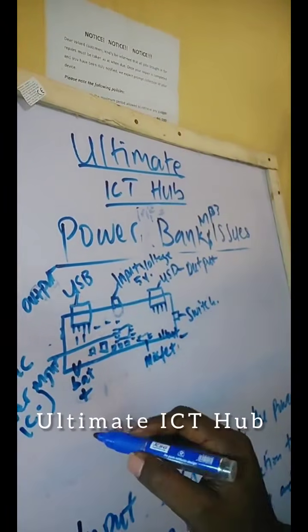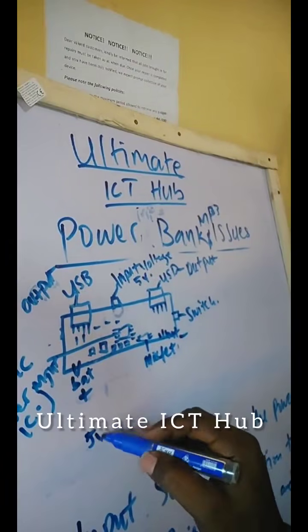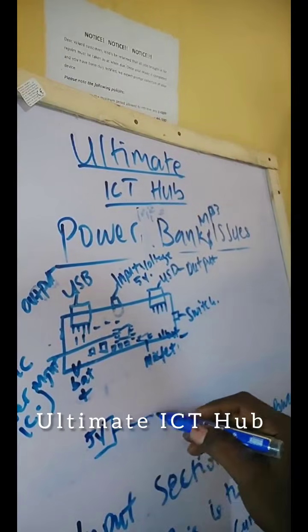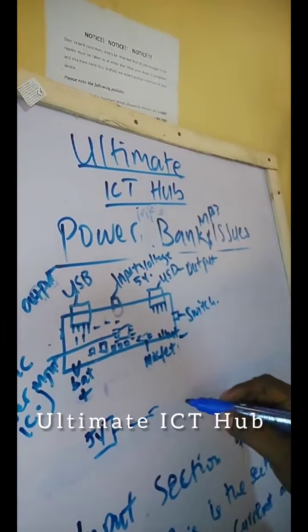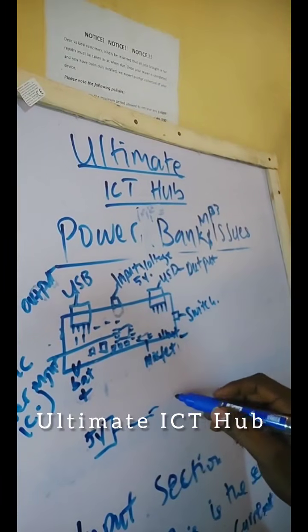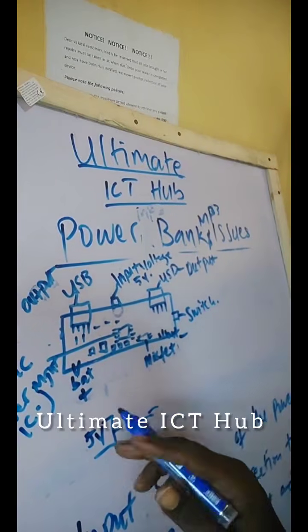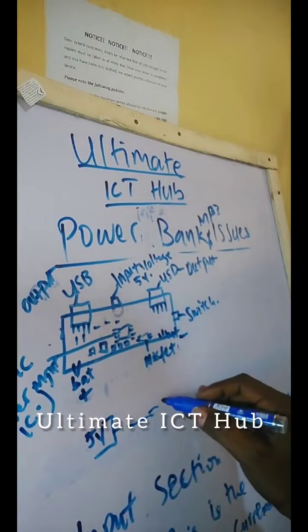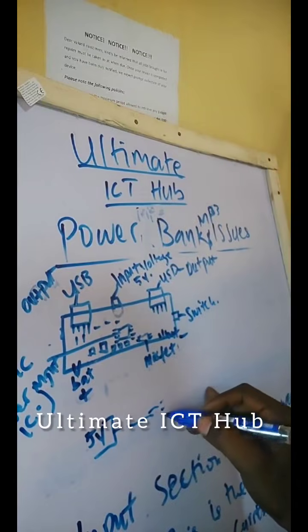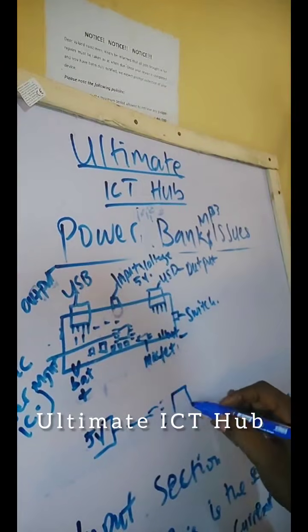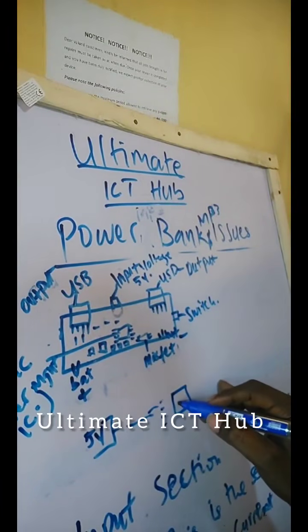Let's say this is 5 volts, right? Current flows to this place, then it comes directly, like on power banks. Current coming from this place will be meeting some resistors around this place, then a power IC. Are you understanding me?